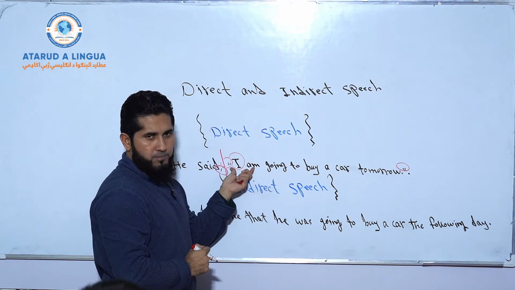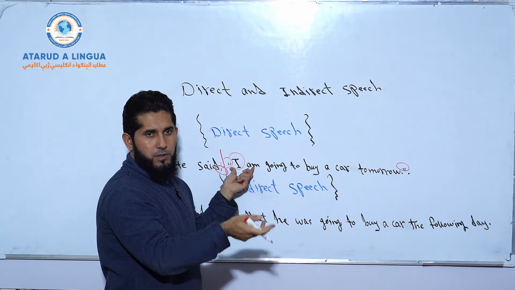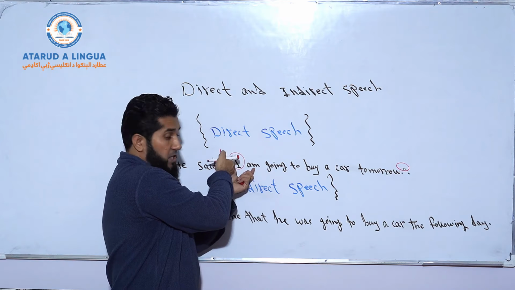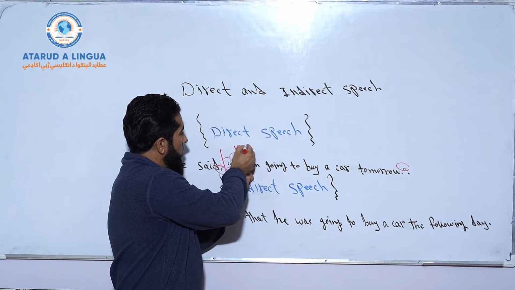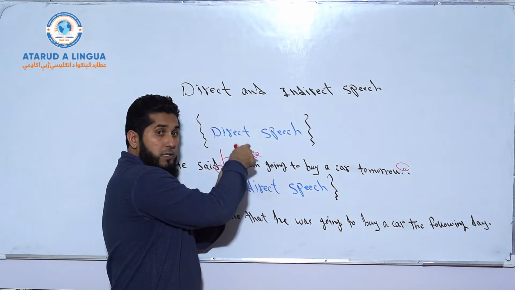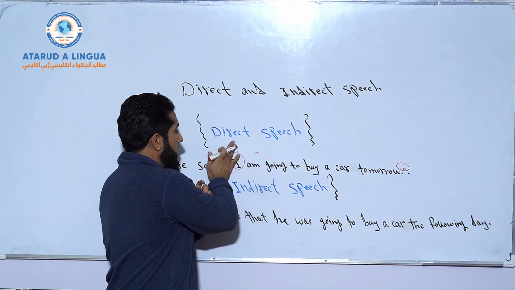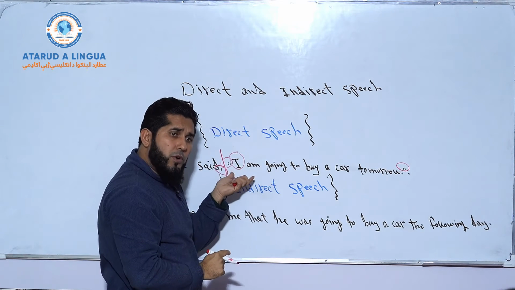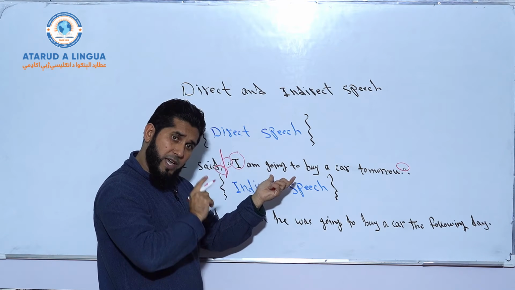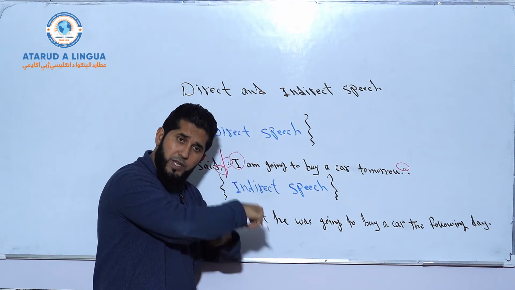I mean, I as a pronoun is always capital. But if, instead of I, you have he, it should be capitalized. If you write he like this, that will be wrong. So that is point number three. The first letter of your reported speech should be capital, or the first word should be capitalized.